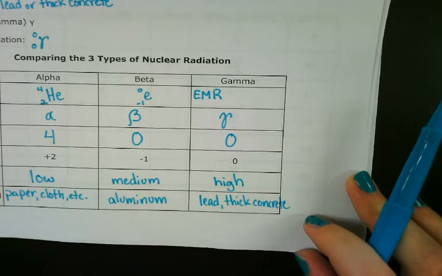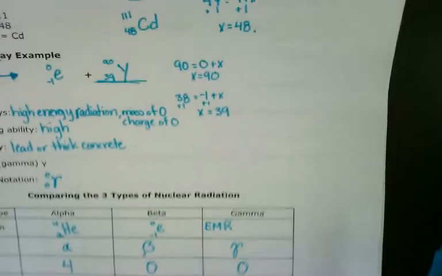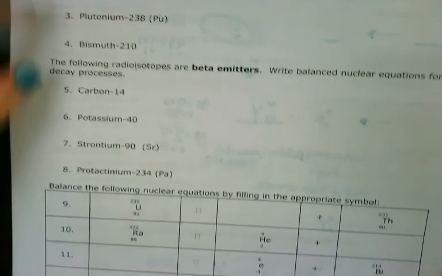So, last thing we're going to talk about is actually fission and fusion. Now, they're not on your notes, but we do need to talk about them real quick. When you go to the next page, you're going to see alpha radiation, which is some practice for you. So I want you to flip to that blank page, and here's where you can take notes about fission and fusion.